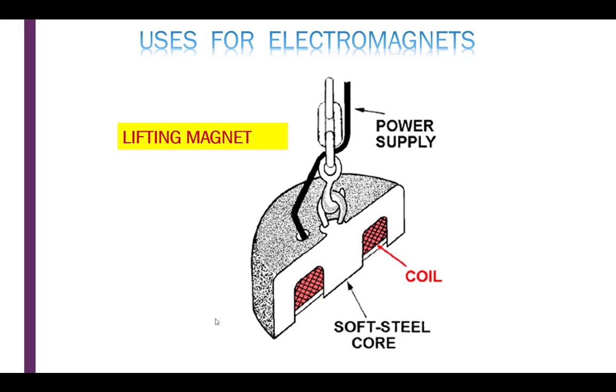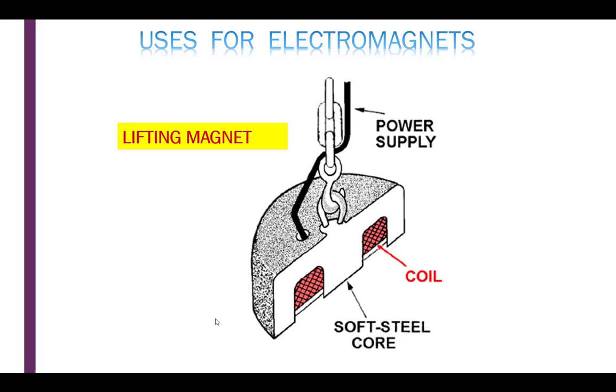So I put this over a bunch of scrap iron, or I'm loading containers off of a ship. I can lower this thing down, throw the switch, the current goes through the coil, magnetizes it, and now I can pick up my load with this. And I position to where I want to let go, open the switch up, the current stops flowing, the magnetic field collapses around the coil, becomes demagnetized, and things fall off.